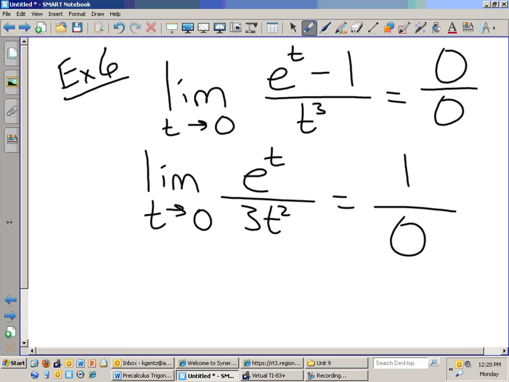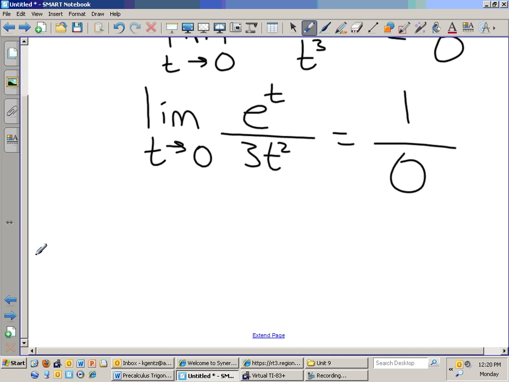Now, I want you guys to think about this for a second. We have the number 1, and we're dividing by, instead of 0, think about, let's say we're dividing by a really, really, really small number. If you take 1 and divide by a really, really small number, you get a really big number. And so as you evaluate this limit, you want to think about this. The limit as t approaches 0.